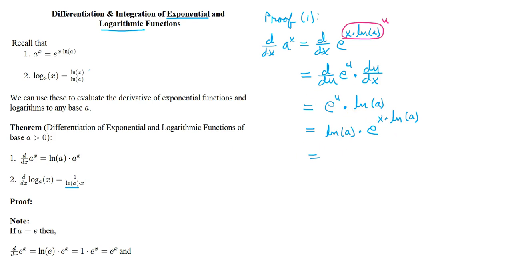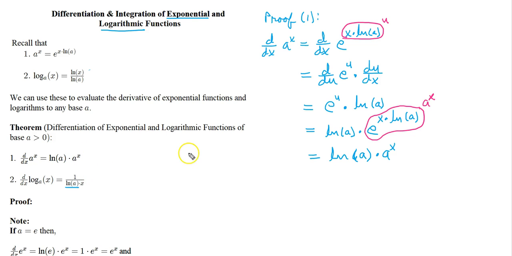And now keep in mind that this part right here, using this result again, is just a to the x. And we get our result, and that's exactly what we have right here.